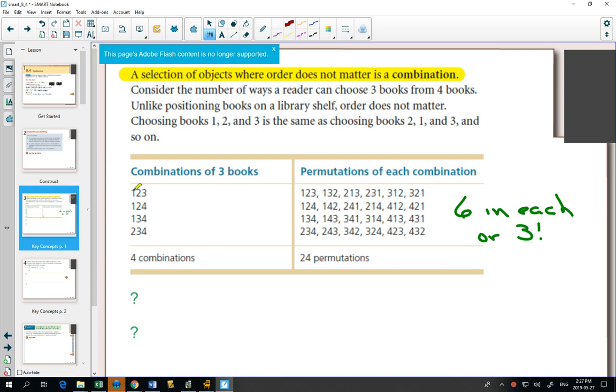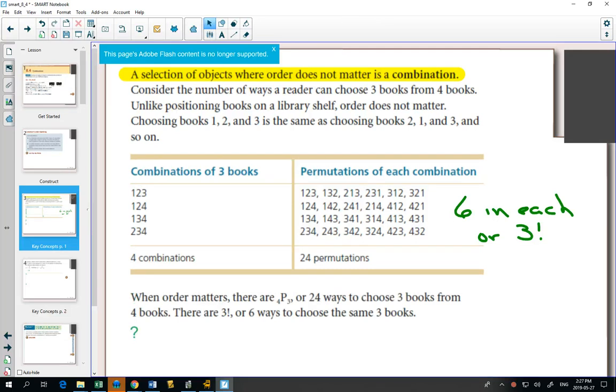For every combination of 3, there would be 6 permutations, because 3 items could be arranged in 3 times 2 times 1, 6 ways. And so all a combination is, is a permutation with the order taken out. So we take our permutations and we divide by 3 factorial because that would be the order of 3 objects. And we find out that there's 4 ways that you could choose your prize.